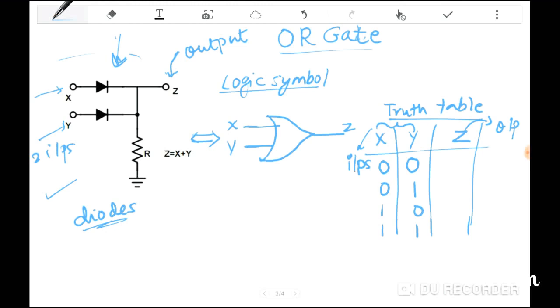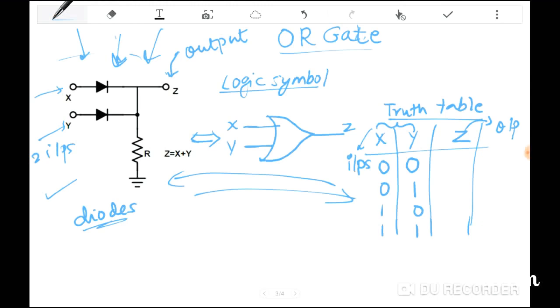Now let's go on to the working, and according to this we will fill this truth table. As you can see in the diagram, now focus on the diagram right here. I have drawn the arrows as well. Just focus on the diagram and visualize what is happening here.